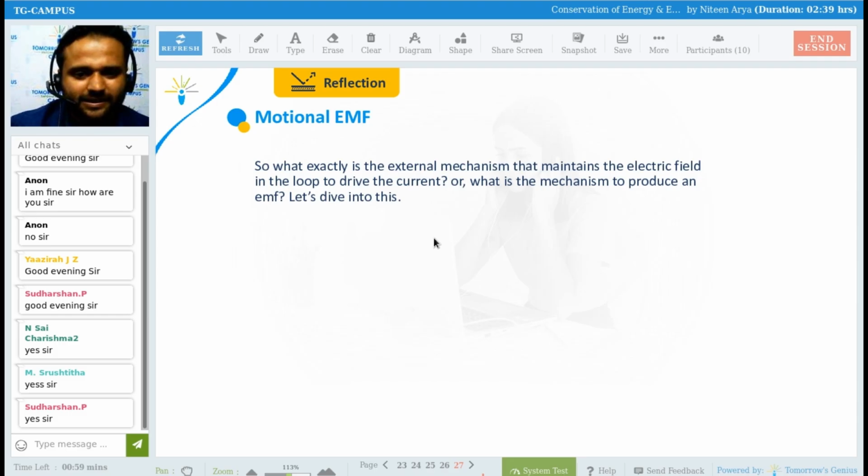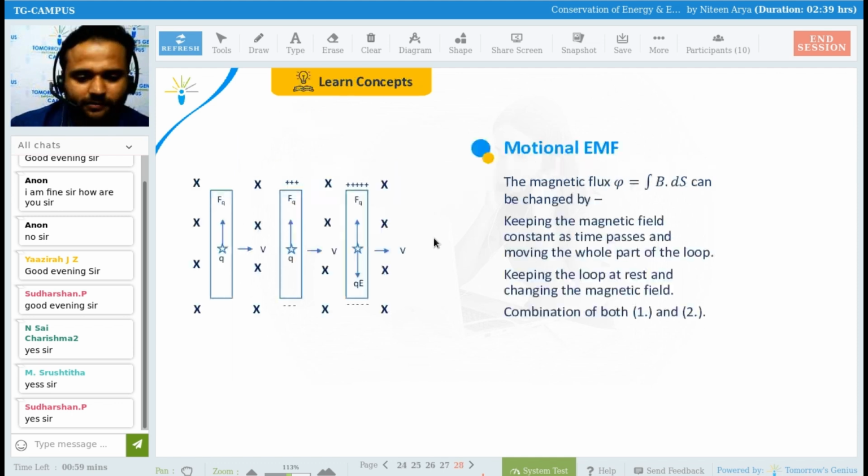What is the external mechanism that maintains the electric field in the loop to drive the current, or what is the mechanism to produce it? That is your motional EMF. The magnetic flux B dot dS can be changed by keeping the magnetic field constant as time passes and moving the loop, or keeping the loop at rest and changing the magnetic field. So there are two ways.